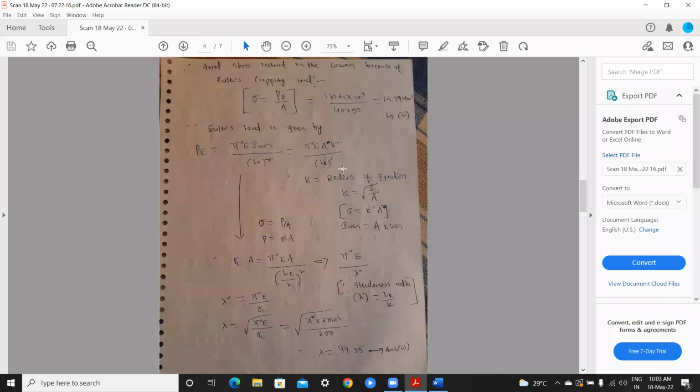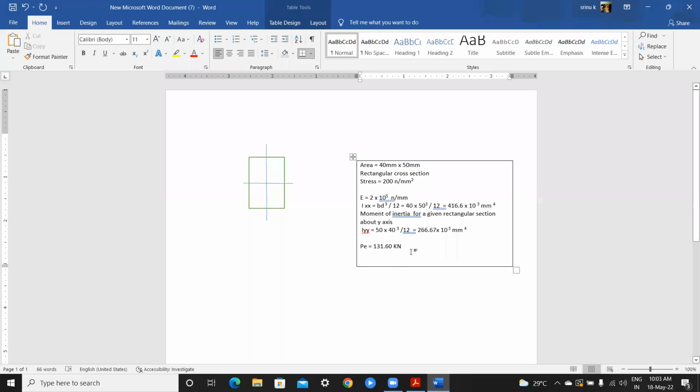Now, axial stress induced in the column because of Euler's crippling load will be sigma equal to P by A, as we know already that stress is equal to force by area.